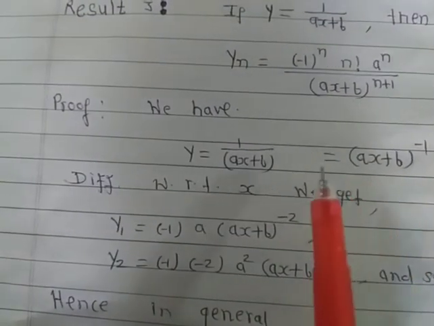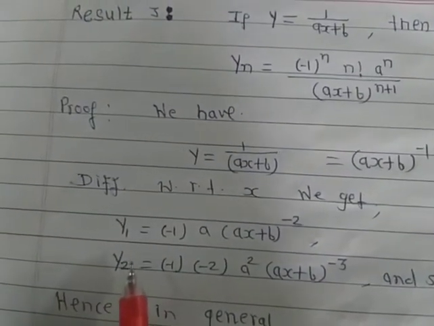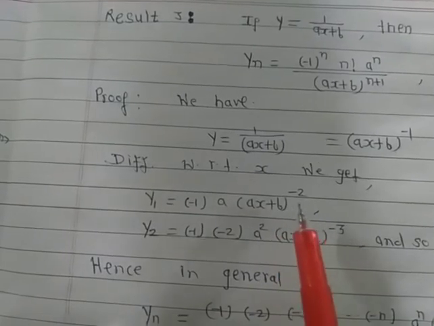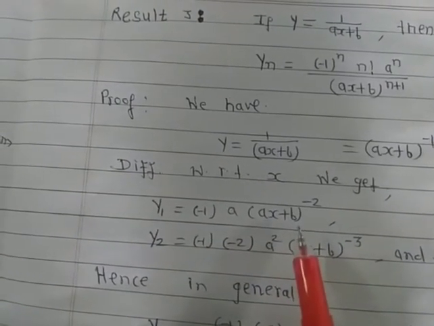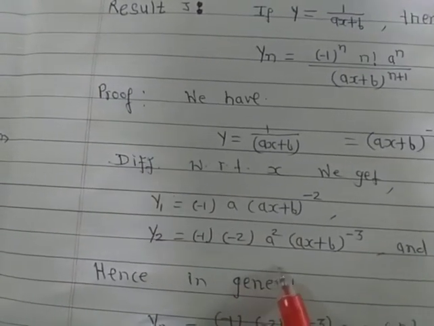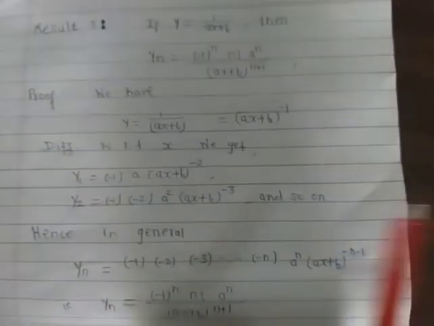Differentiating both sides with respect to x, we get y1 equal to minus 1 (ax + b) raised to minus 2, and derivative of the bracket is a. Again differentiating both sides with respect to x, we get y2 equal to minus 1 into minus 2 into a square (ax + b) raised to minus 3, and so on.